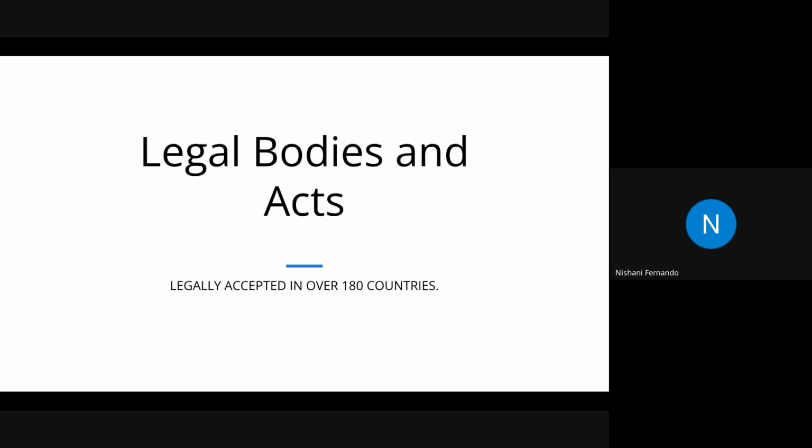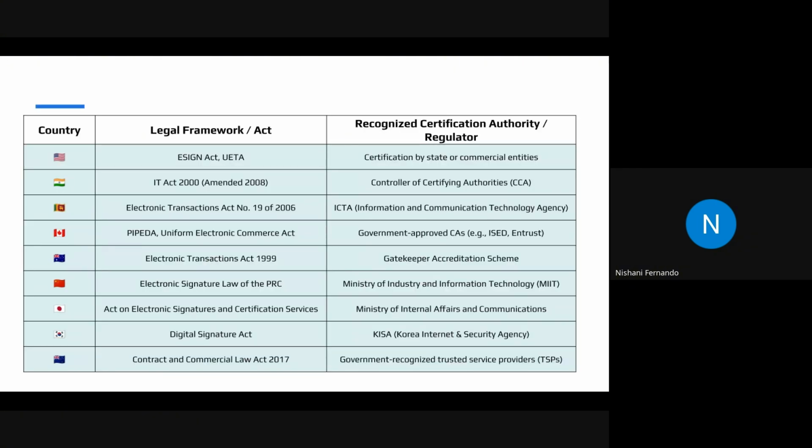Now let's go to the legal side, and how this is legally accepted. Digital signatures are now legally accepted in over 180 countries, covering all of Asia, America and Europe. To give a few examples of countries and their legal frameworks, as you can see in the third line, for Sri Lanka the legal framework is the Electronic Transaction Act number 19 of 2006, and the regulatory body is ICTA.